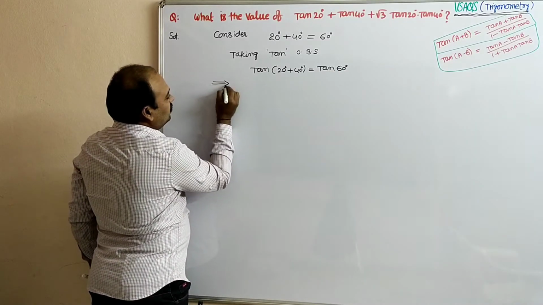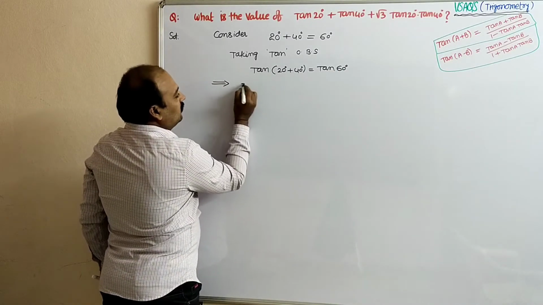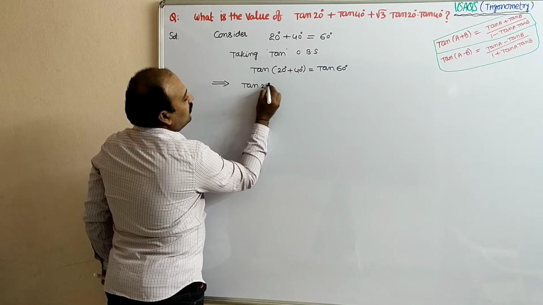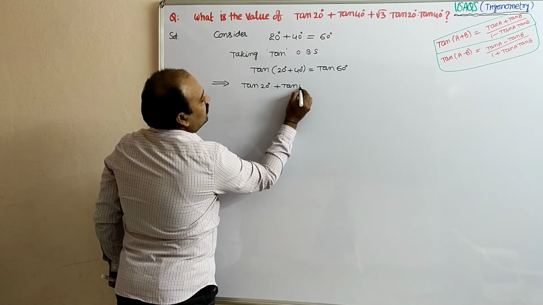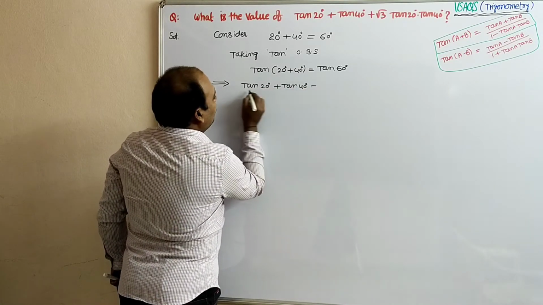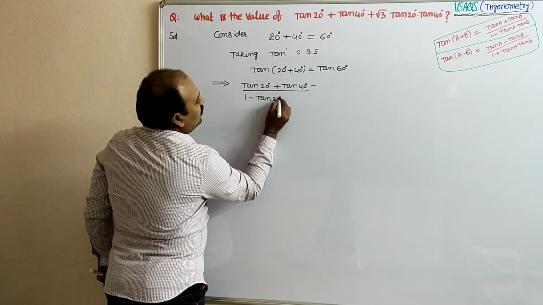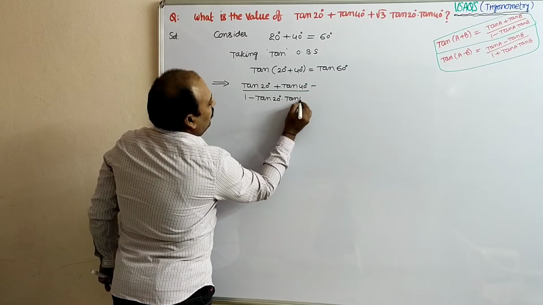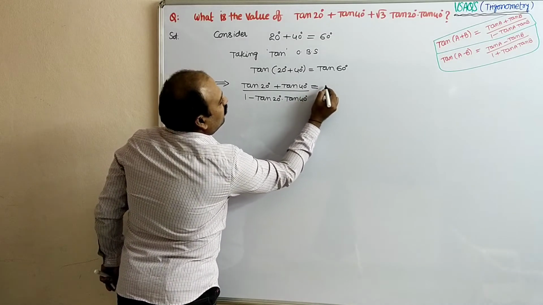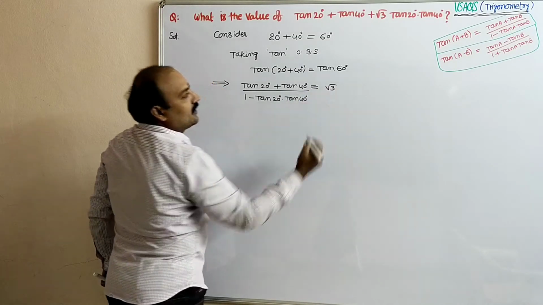That implies, by the tan of a plus b formula, tan 20 plus tan 40 divided by 1 minus tan 20 into tan 40 is equal to tan 60, which is root 3.